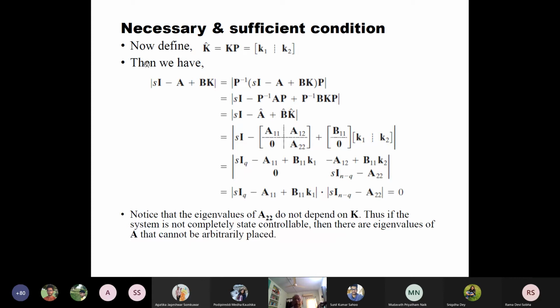Now we define K hat. Since we have transformed A and B using the P transformation matrix, K also has to be transformed.